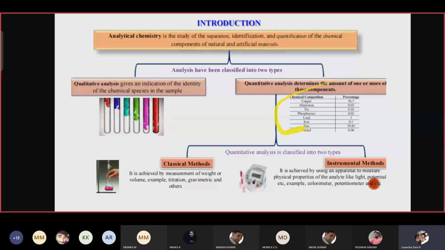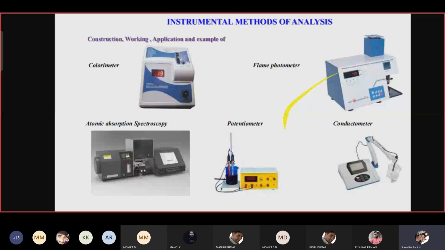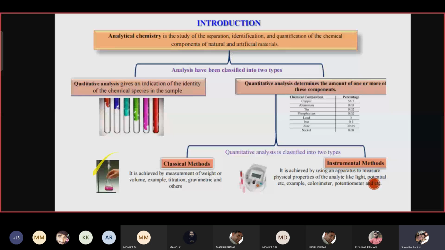Quantitative analysis is when you measure any amount, any grams, or what percentage is present. Within quantitative determination you have the classical method, which uses titration and is called titration analysis. The next one is instrumental analysis, doing the same titration using instruments. This is how qualitative and quantitative analysis are classified: electronic method and optical method.